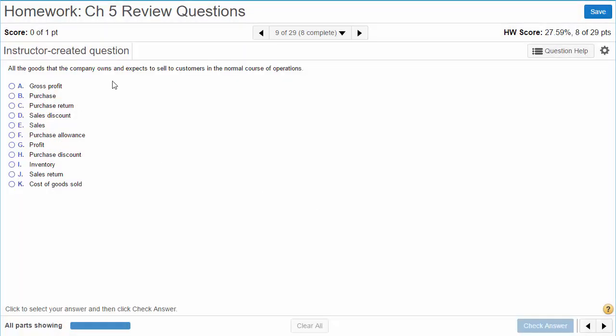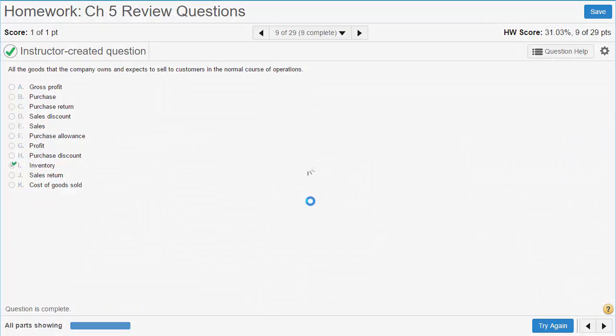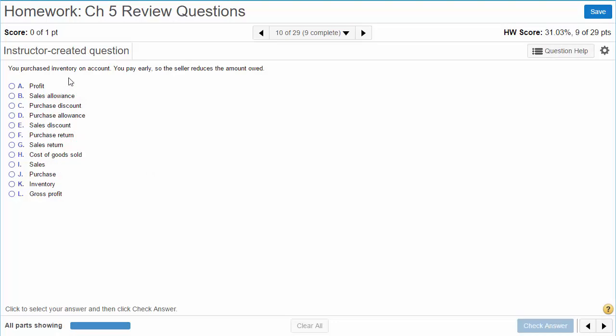All the goods the company owns and expects to sell to customers in the normal course of operations. Well, that's our inventory. You purchased inventory on account. You pay early, so the seller reduces the amount owed.